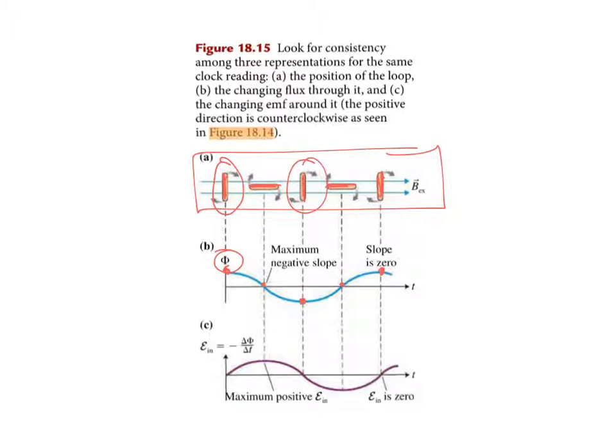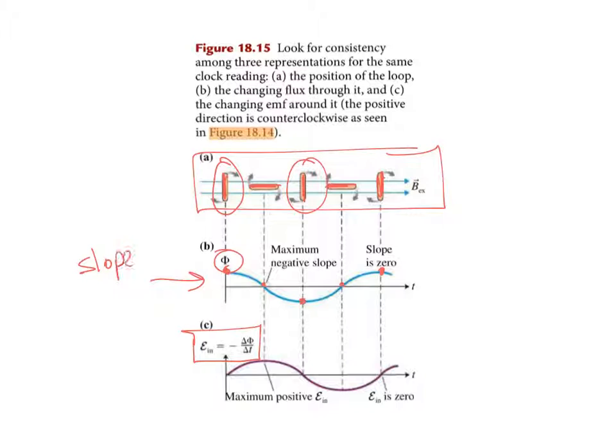The thing that's really interesting is if you look here at the induced EMF, the sign is negative, that's Lenz's law, so the induced EMF creates a current that opposes the change in the flux that created it. So whenever flux is maximum, we're talking about slope here, you have to look at the slope of this graph.